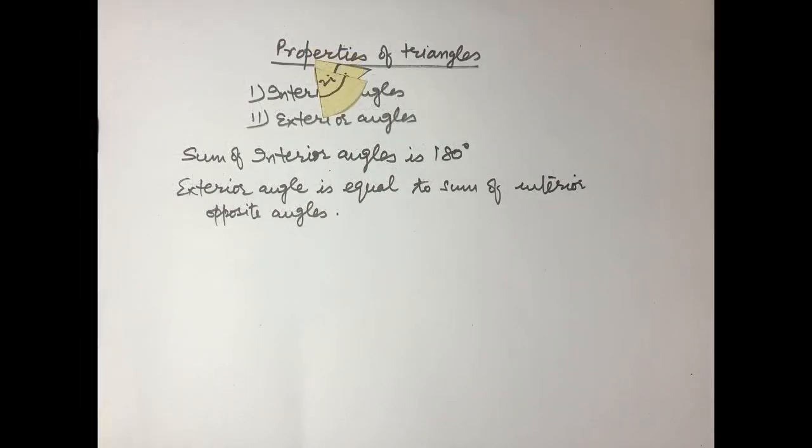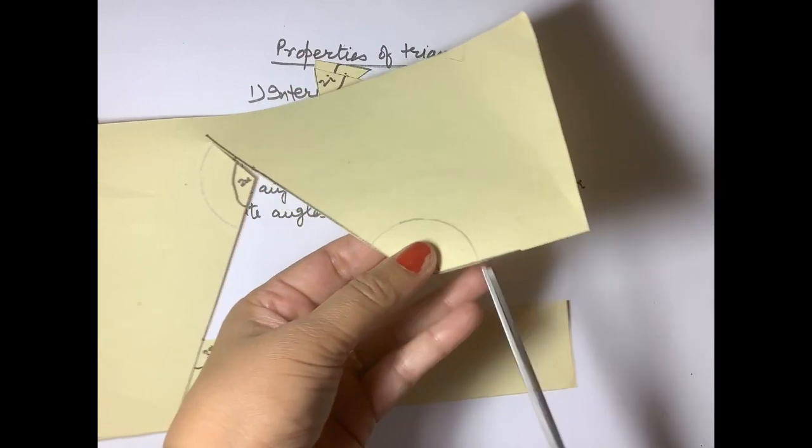Now we will cut the exterior angles along the arc.